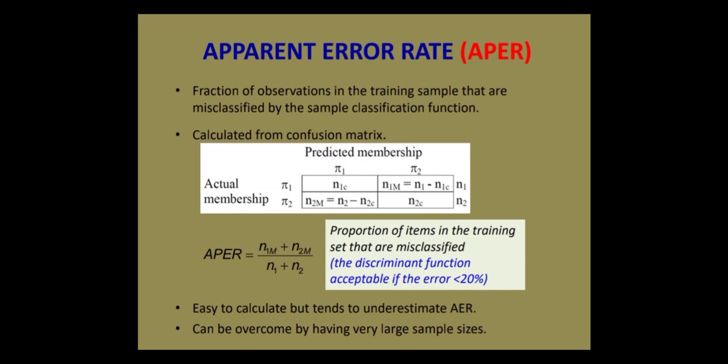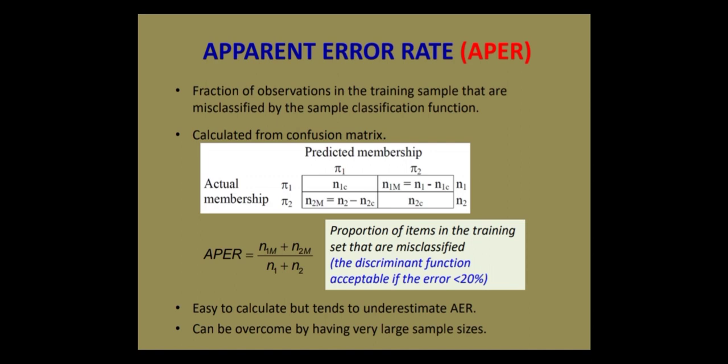From there we create the function. We create the function using the data we have, a set of data. From that we can find x1 bar, x2 bar, find S pooled and invert it, put it into the formula, and you will get the function, called the discriminant function or the classification function.